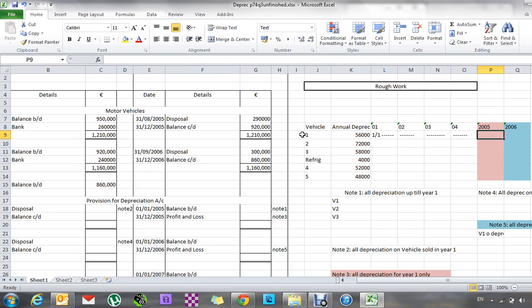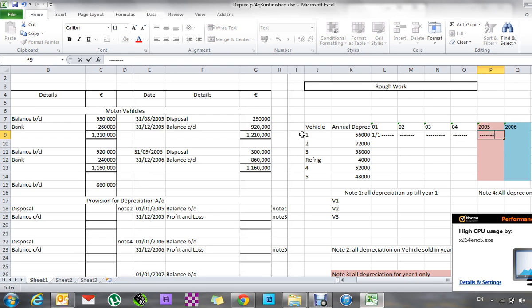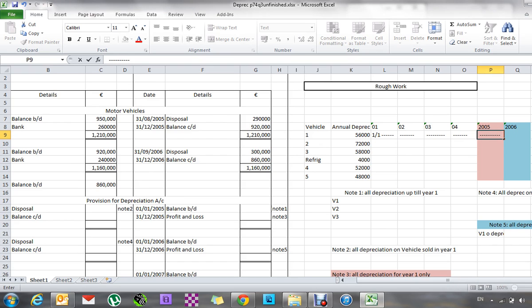Now, what happened to it? It was crashed in 06, so that means 05. After I've had it for 5 years, I get rid of it then. So I'm going to have had it up to the end of 05. I will have had it for 5 years, so there's a possibility I will be over depreciating. I'm just going to put that in there as a note to myself.